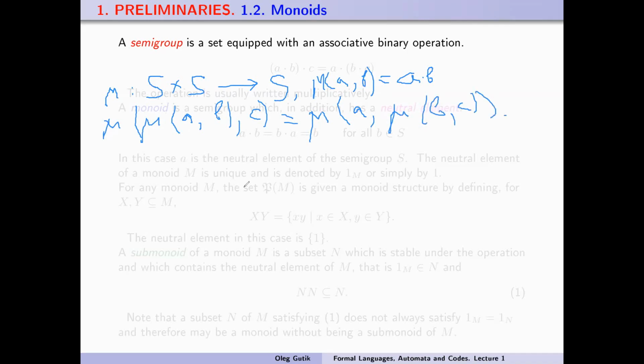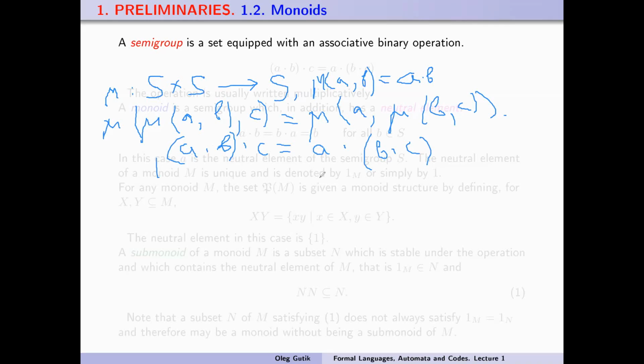Also, algebraists write this formula in the following way: (a multiply b) multiply c is equal to a multiply (b multiply c). This means that first we calculate a multiply b, then multiply this result by c, and in the other case we first calculate b multiply c, and after that we calculate a multiplied by this result.